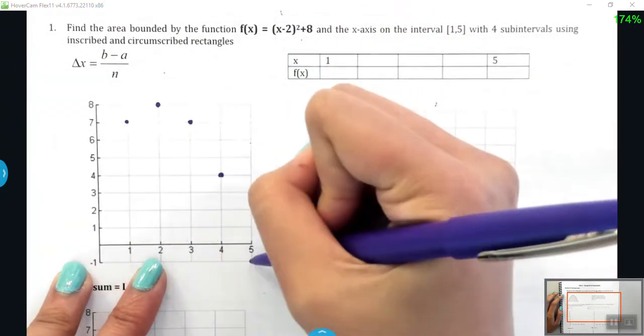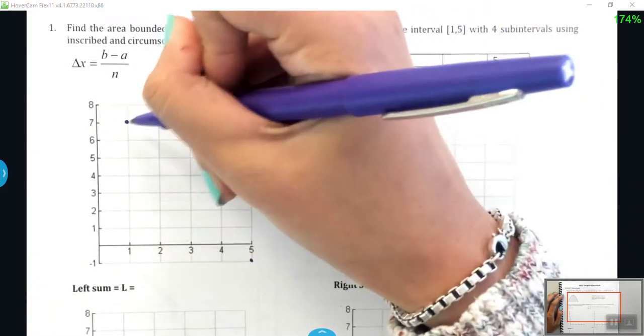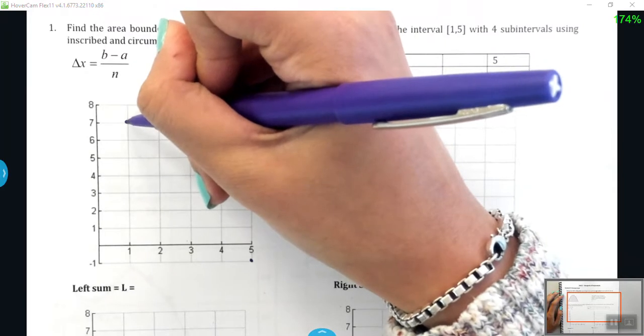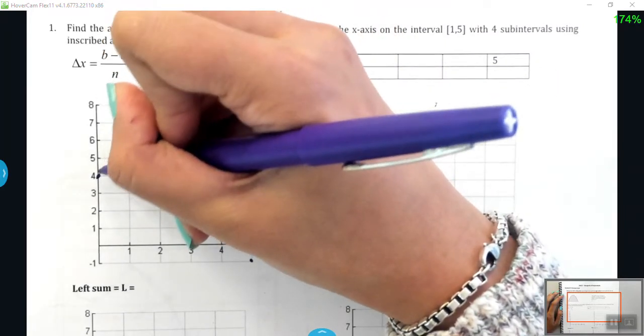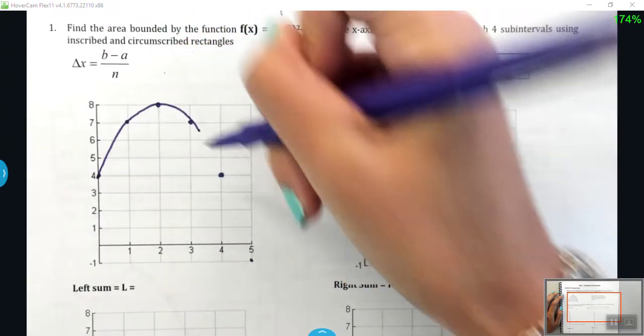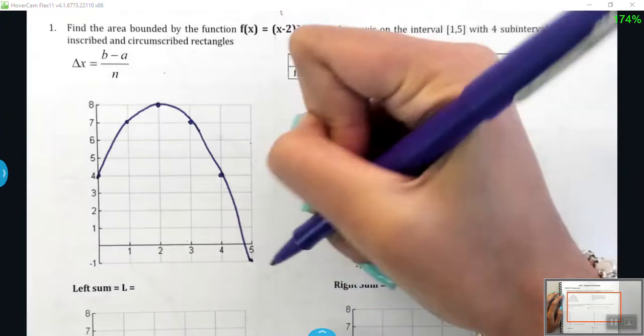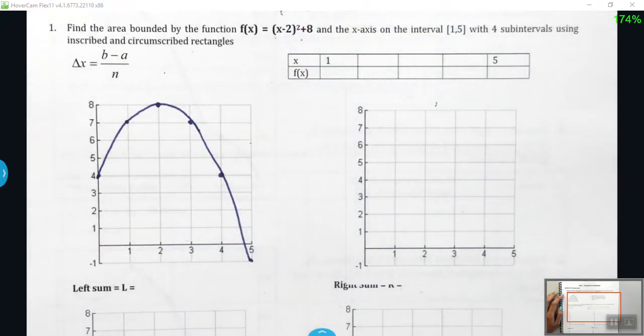And then the next point's down here. So here's our parabola. I messed up. I got scared at the end.